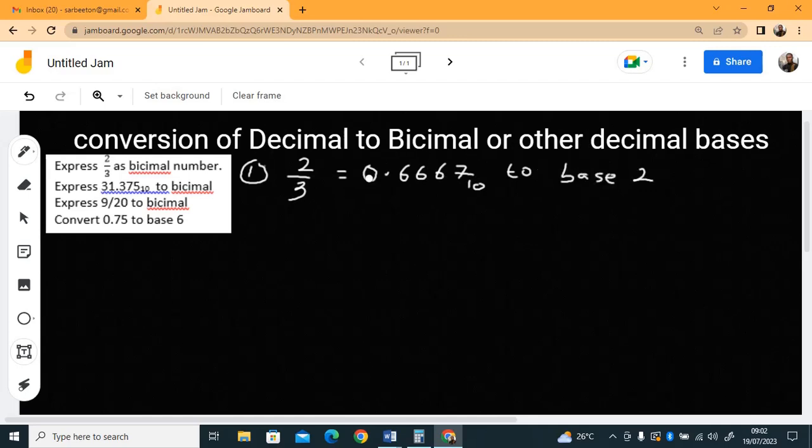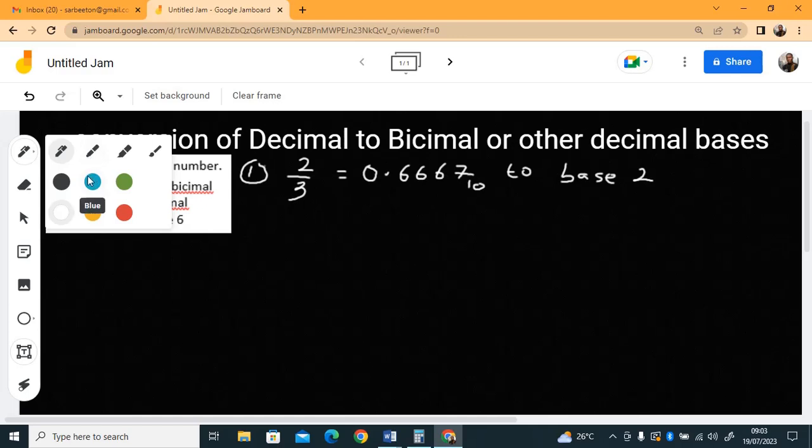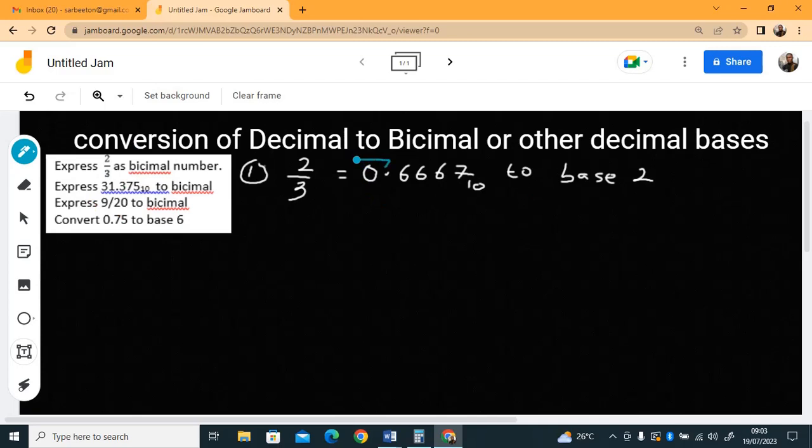Now how you're going to do this is that, you know this one here. Let me use another marker. Let me use blue. So this one here is a whole number, that is 0, and that will be 0.667.